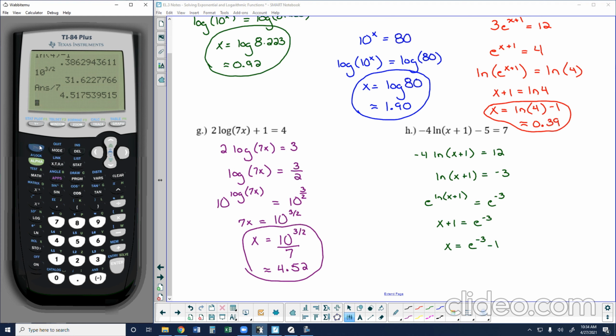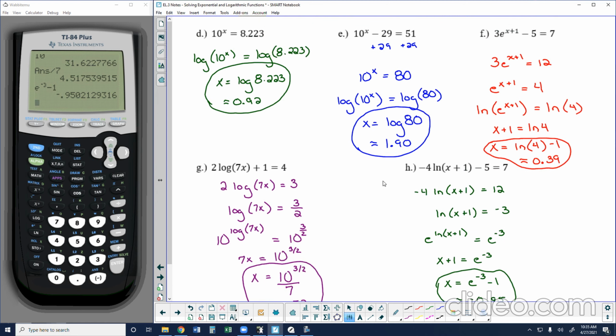We can then compute that exact answer in the calculator. So e to the negative third power minus 1 is going to be approximately negative 0.95.